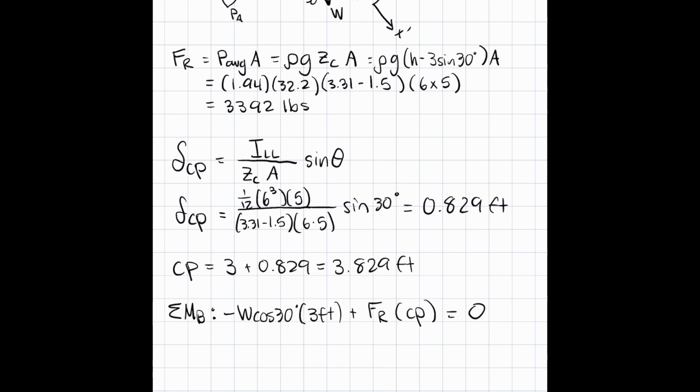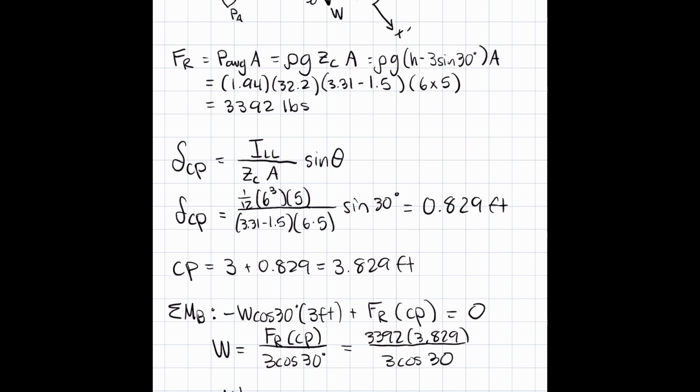If we're solving for the weight in this problem, we're going to shuffle the terms around, and we get that the weight is equal to Fr times Cp over 3 cosine 30, which is going to be equal to 3,392 pounds times 3.829 feet over 3 cosine 30 feet.